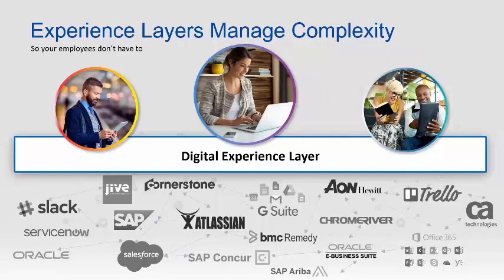Our HR system knows a whole heck of a lot about us as individuals. Our IT systems, whether it be Active Directory or some sort of IT service management software, knows what devices we have, what groups we belong to. How do we take that data from all these different systems and tie it together in a way that is now more meaningful to the user? And we'll get into some examples of that in a minute.